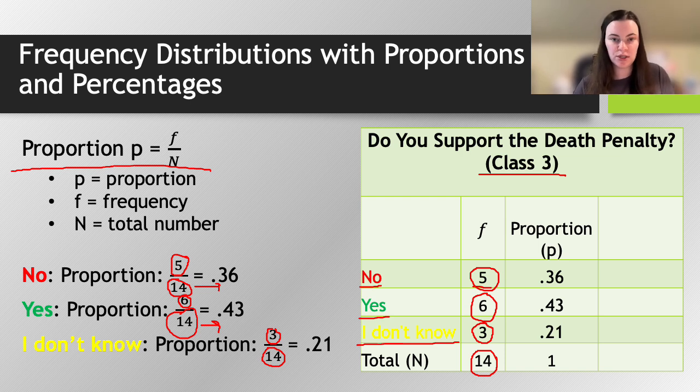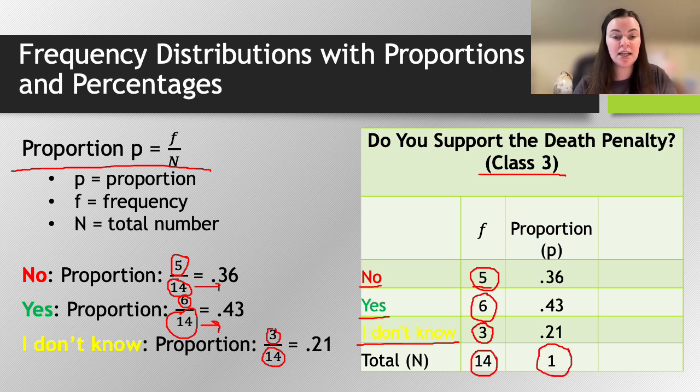Something that you may have noticed from our last slide is that proportion values have to be a value between 0 and 1. If you ever calculate a proportion value that is less than 0 or greater than 1, make sure and go back and check your work because something probably went wrong there. The reason being is that proportion total values should always equal 1.